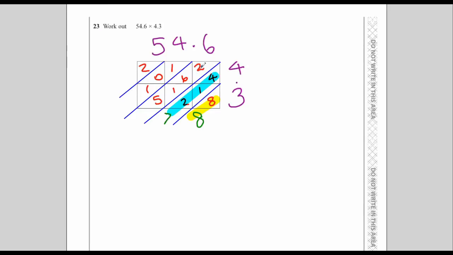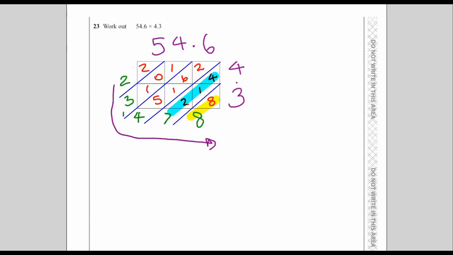The next one, 2 add 6 is 8, add 1 is 9, add 5 is 14, so you put your 4 there, carry your 1. 1 add 1 is 2, plus you've got your 1 here, 3, and 2 on its own there. So this number is going to come out as our answer.